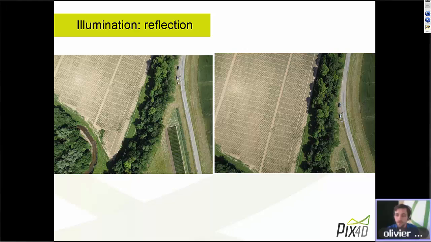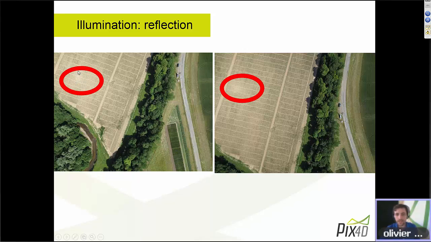Another type of illumination change in your data set to be aware of is specularities, reflection. Basically, it's a property of the material, in that case of a field, which doesn't reflect the sun all the time in a nice uniform way. And what we see there is basically you can see the sun, which is reflecting on the field.